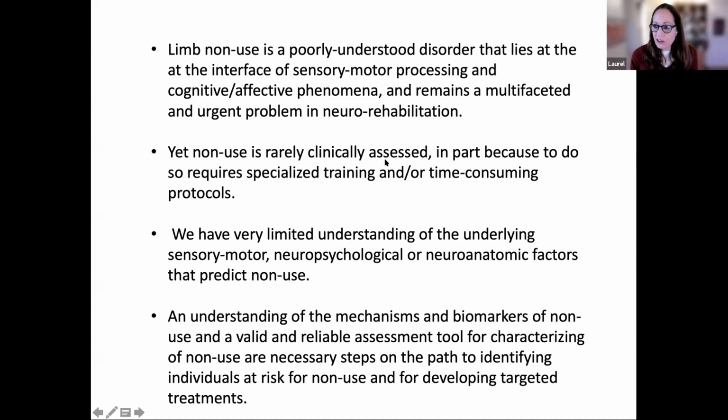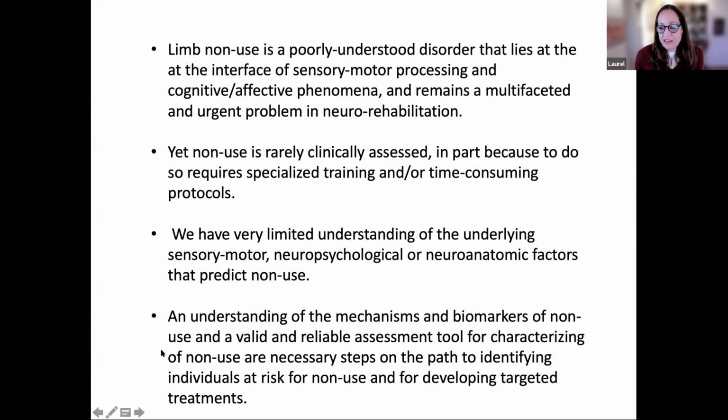And it's very rarely assessed in the clinic, in part because it requires specialized training and time-consuming protocols. All of us are going to show you some of those measures that are often used when it is assessed. And we don't understand its predictors.